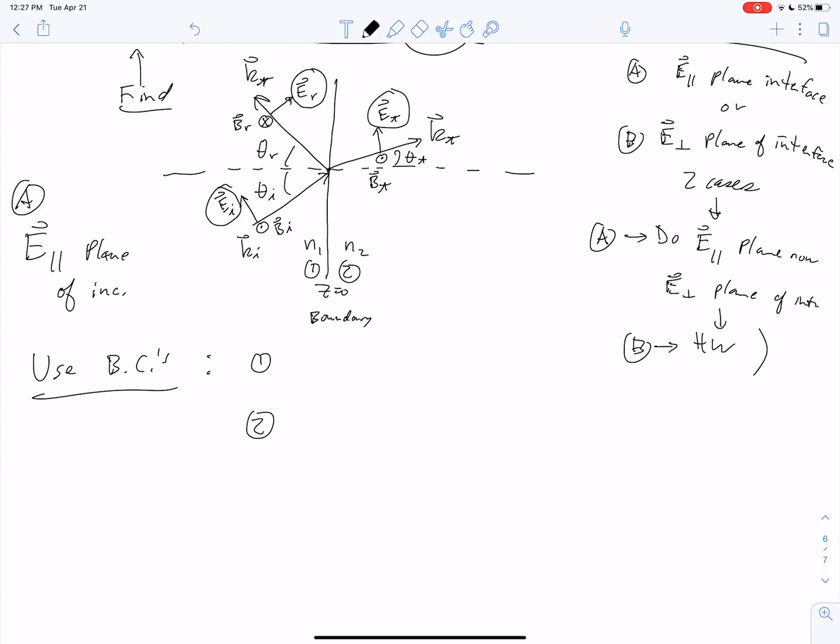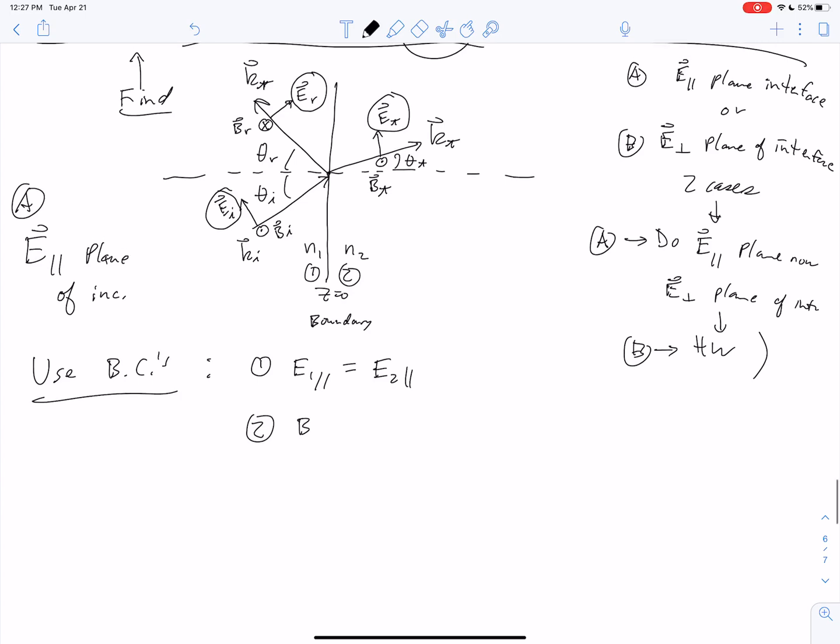Let's write them down. Equation 1 is E1 parallel is equal to E2 parallel. The parallel component of the E field is equal on the two sides. Also we'll use the fact that the parallel component of the H field is the same on the two sides, and that means it's the B field divided by the permeability.